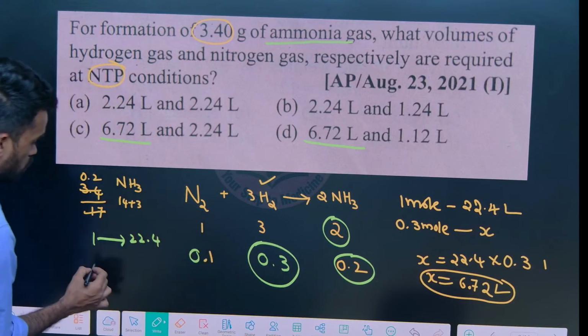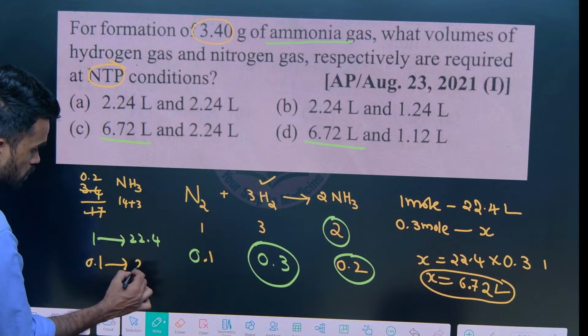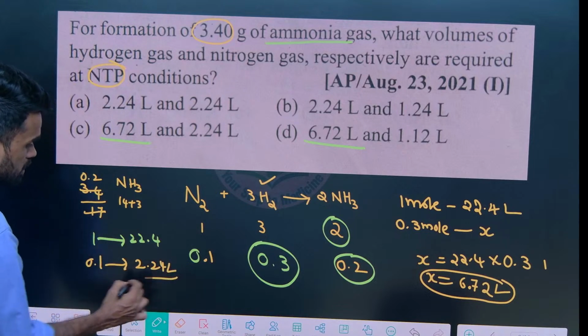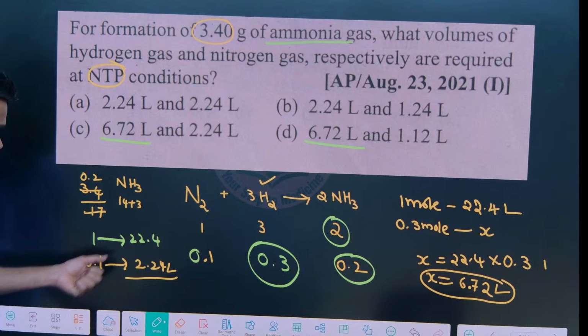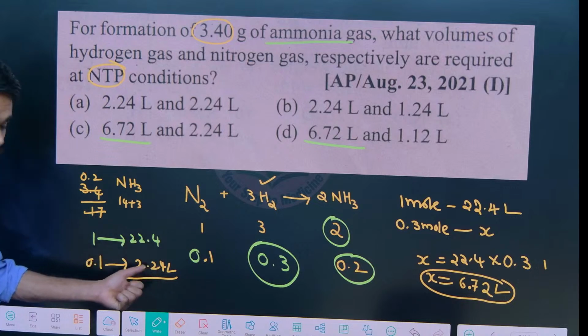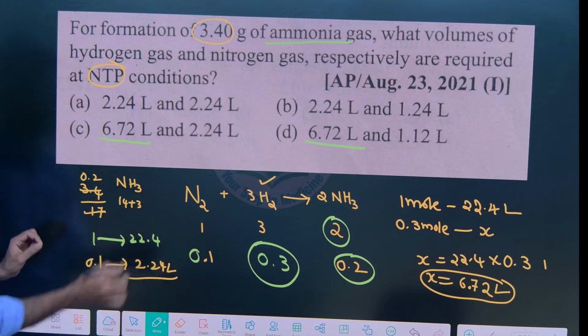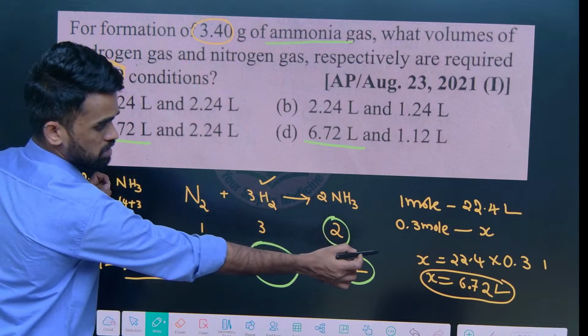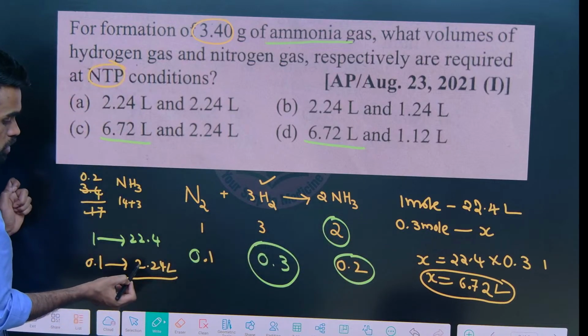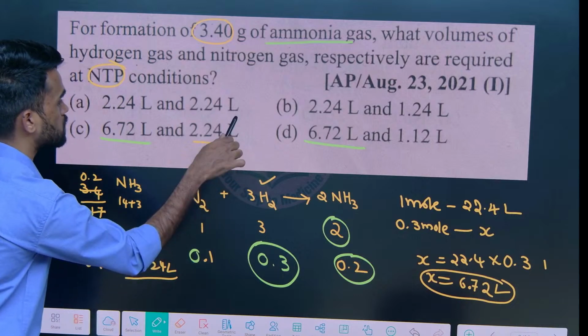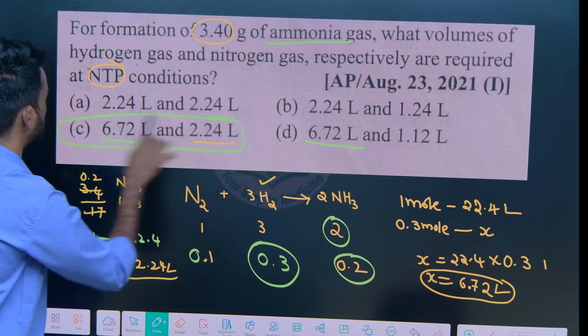So 0.1 will occupy 2.24 liters, that's it. Here it is 0.1, so this should also be divided by 10, that means 2.24. So what are the answers? 6.72 liters and 2.24 liters. So option C is the correct answer for this question.